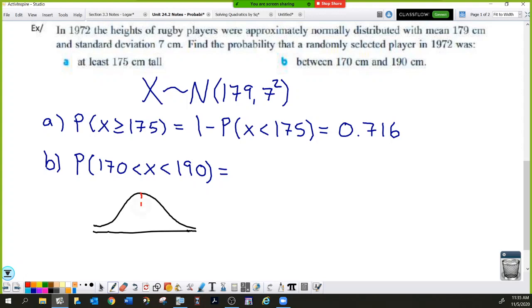Mean was here in the middle. 190 is here-ish. Picture not drawn to scale. And 170, I don't know, I'm just going crazy here, is over here.